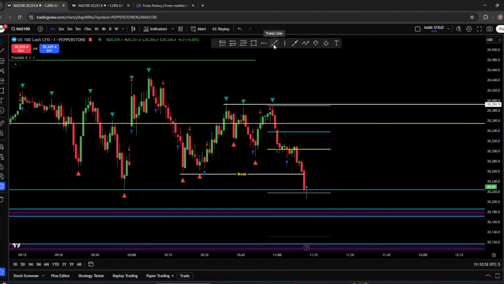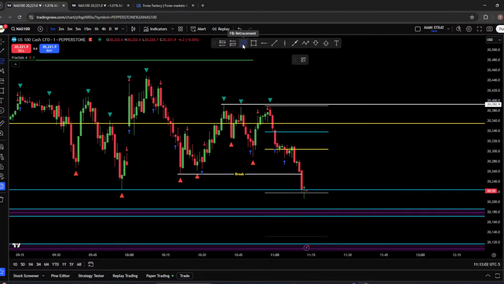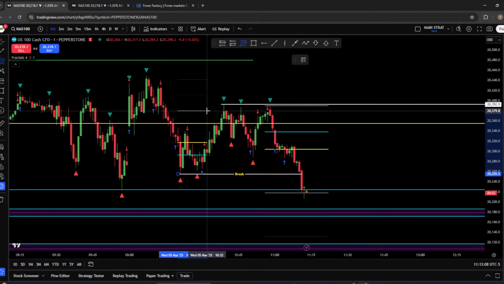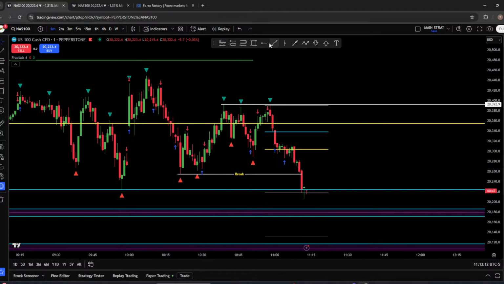So this is how, in hindsight too, I did take a trade and it was profitable here. But this is how we would read this in particular. So we had the break of structure here.